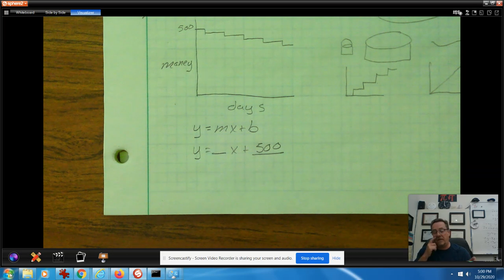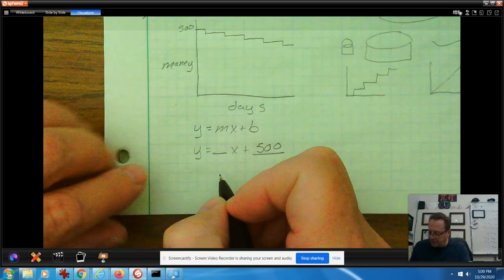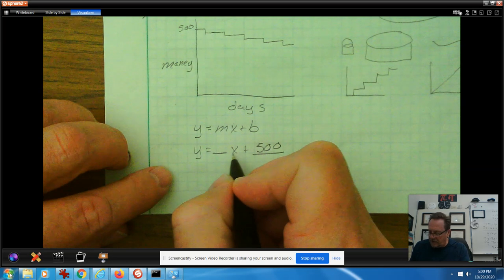Day three, no change. Day four, big change. Every other day. And so there's 15 of those times that it's going to drop. 30 days total. If half of them are even, then it's going to drop 15 because 30 divided by 2 is 15. So it's going to change by 15.